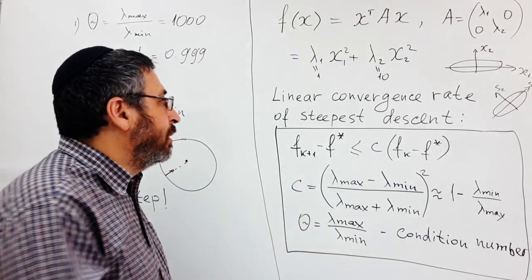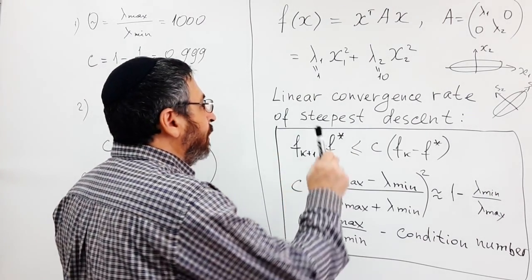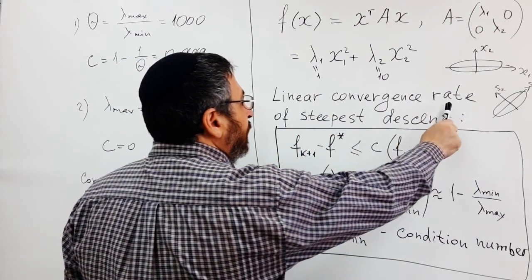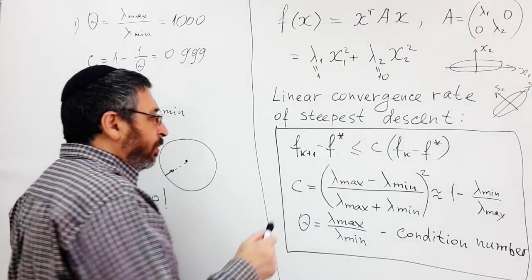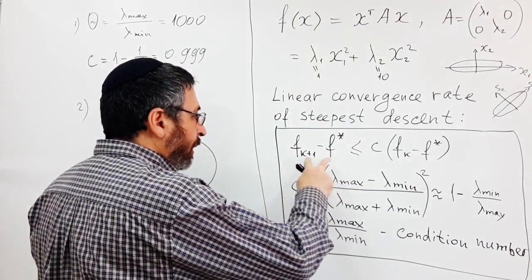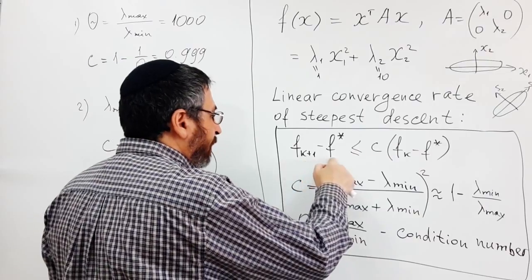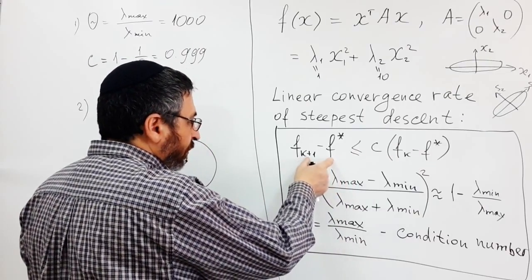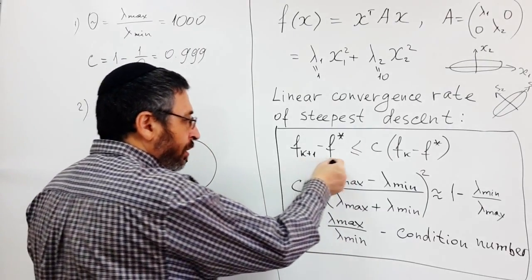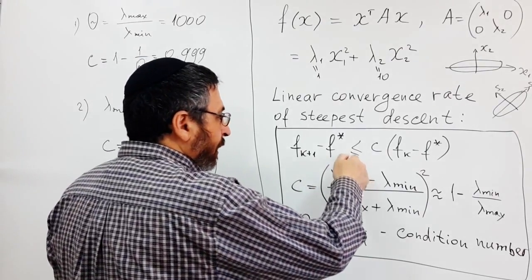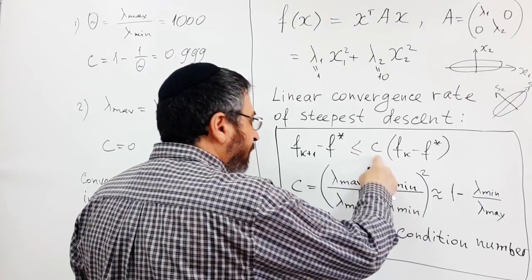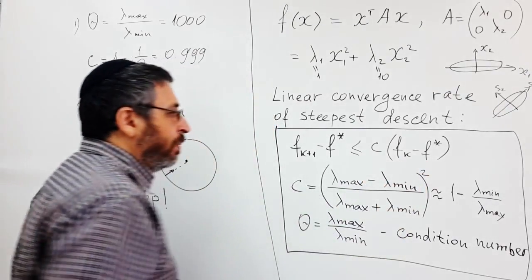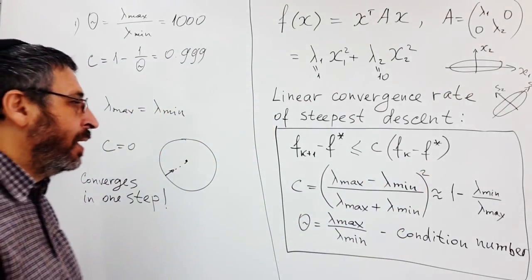It is known that steepest descent possesses linear convergence. What does linear convergence mean? It means that the discrepancy, the difference between the current objective function value and the optimal one, at the next iteration is less than or equal to some constant multiplied by the discrepancy on the previous iteration.